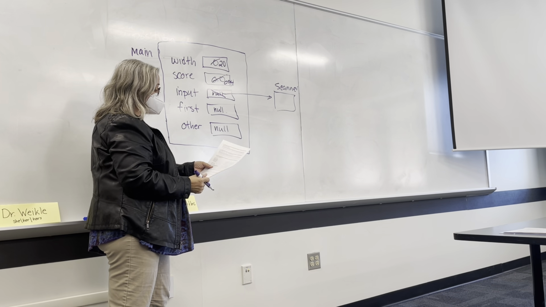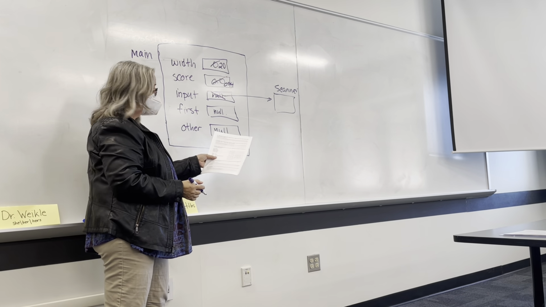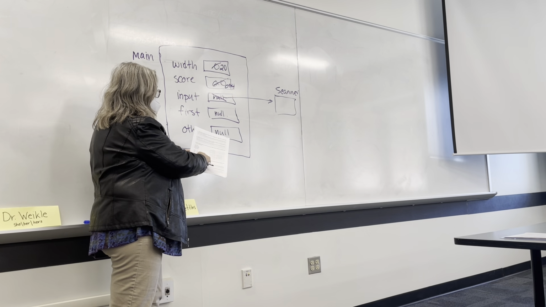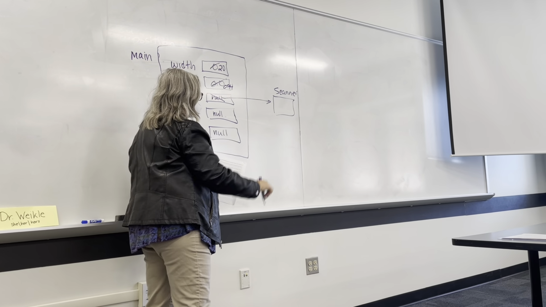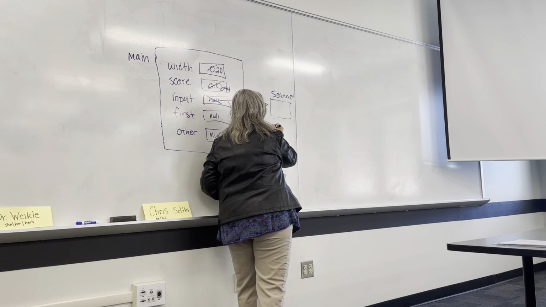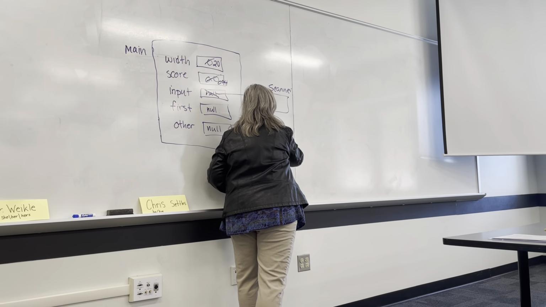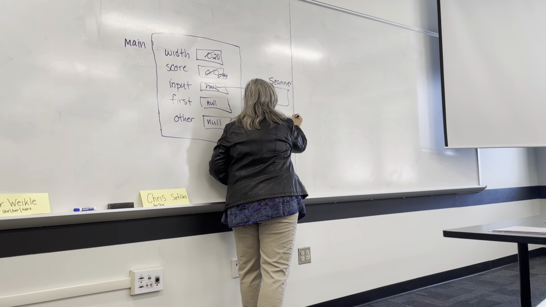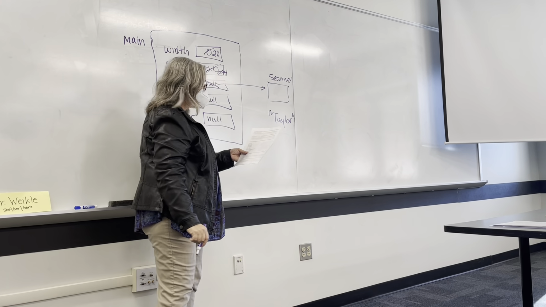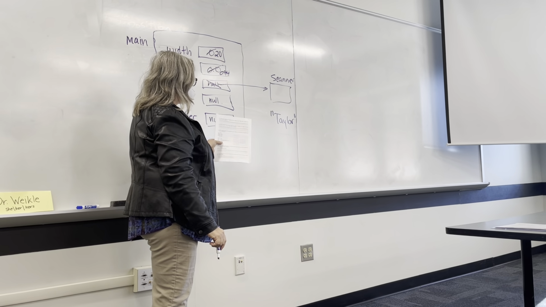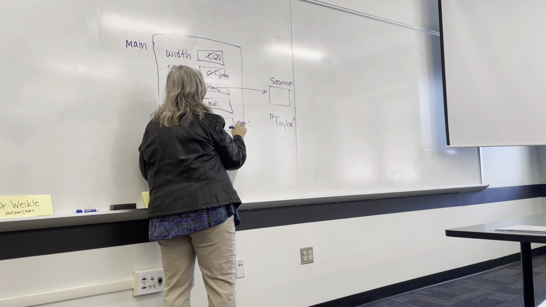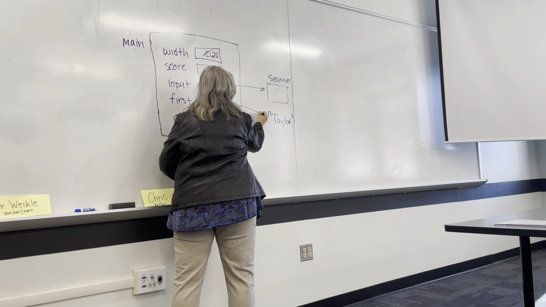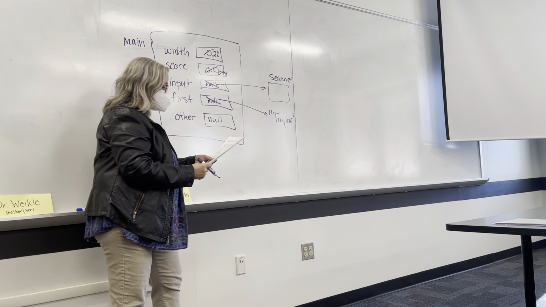All right, now I say first equals Taylor. When I process a statement like this, I figure out what's on the right-hand side of the assignment first. So I should have a string called Taylor. Then I'm going to assign the address of that to first. So I'll cross this out and say this points to Taylor.